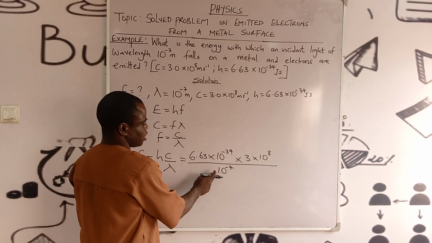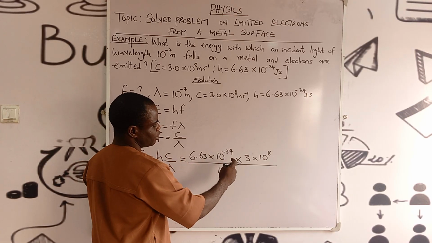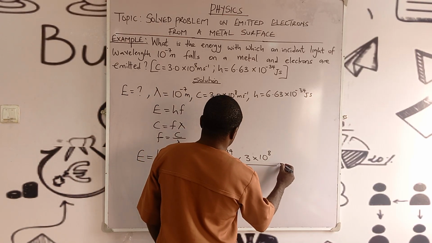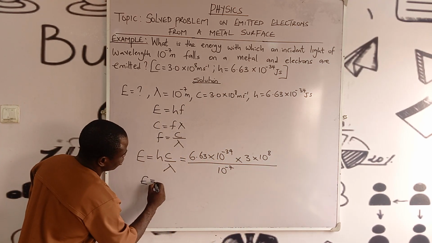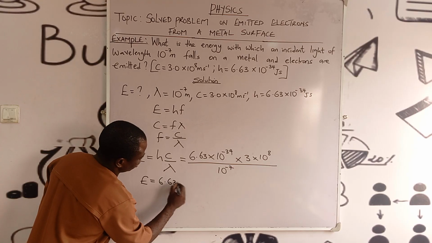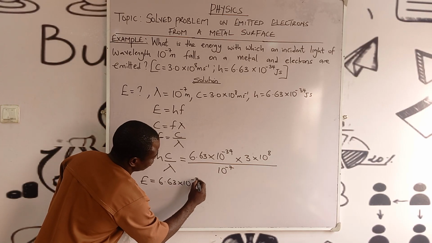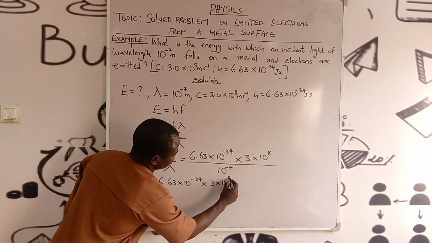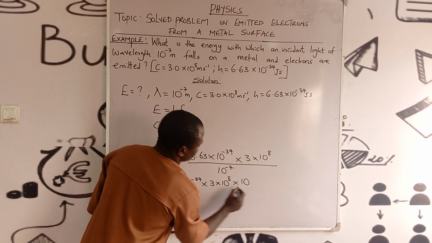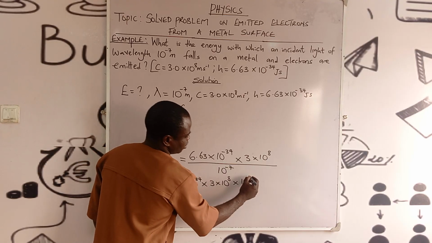Now let's take 10 raised to power minus 7 to the numerator. So the energy becomes 6.63 times 10 raised to power minus 34 times 3 times 10 raised to power 8 times 10 raised to power, this division is negative.